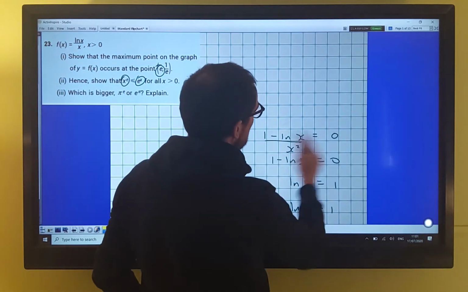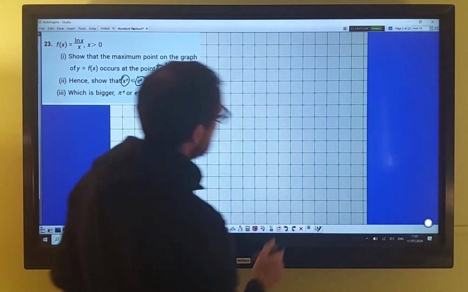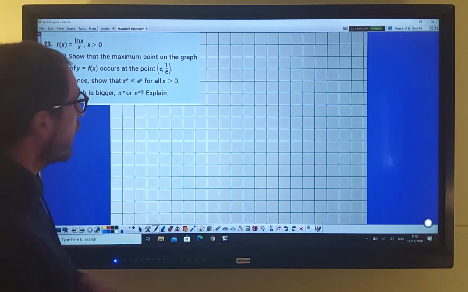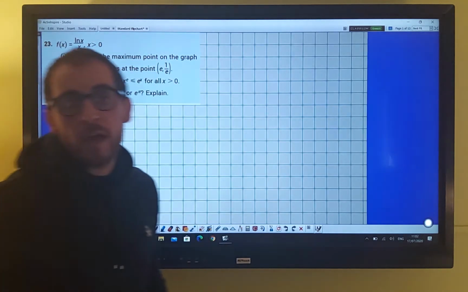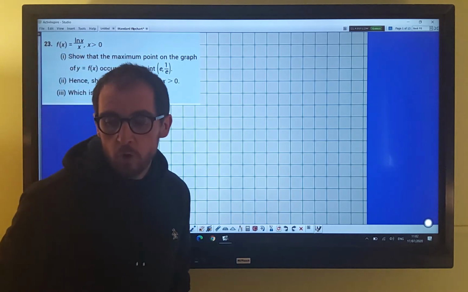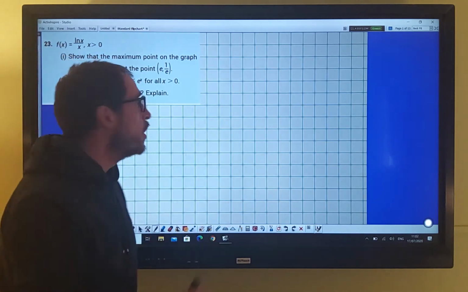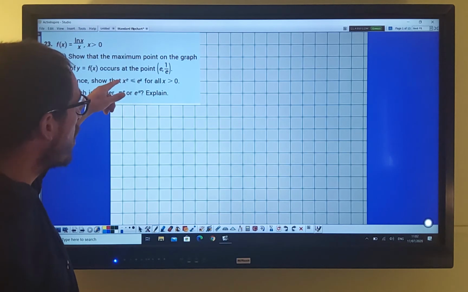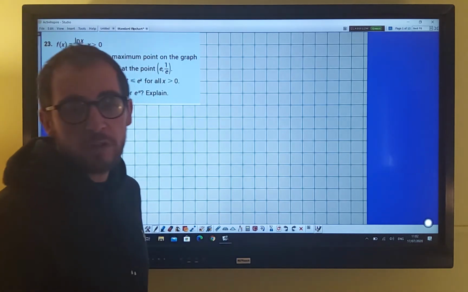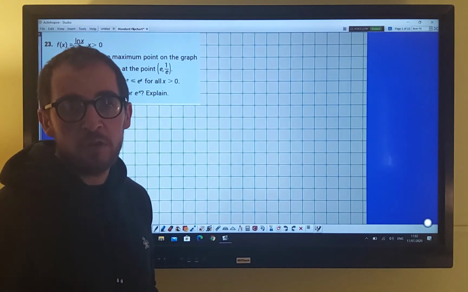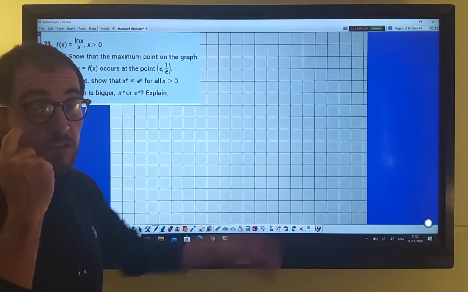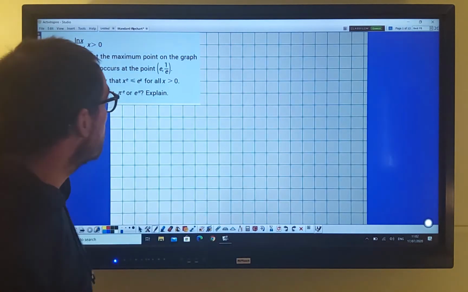I'm going to get the derivative of each of these, and show that neither of them has a max or min point, which means they're a continuous curve. Then if you plot the curve, you'll show that this curve here is always bigger than this curve here. So that's how you go about doing it. You show that there's no max or min point, which means they're continuous graphs, and that they draw up like this. If you start them off on the line, they continue in that way, with one getting bigger than the other.